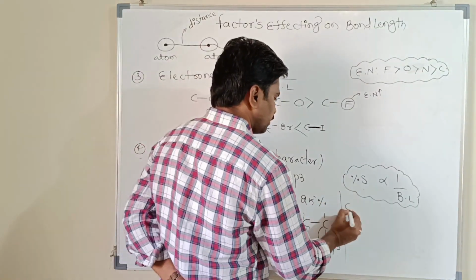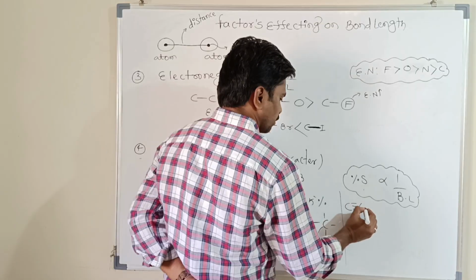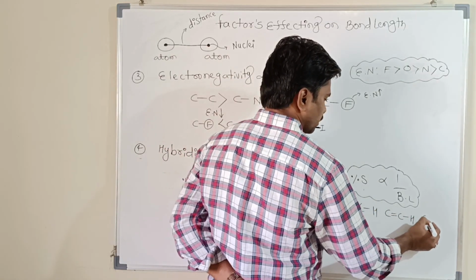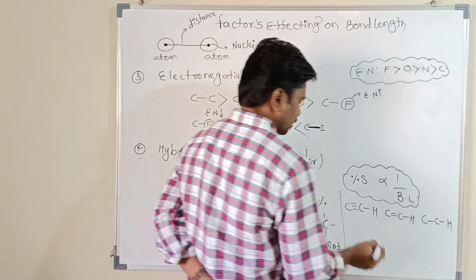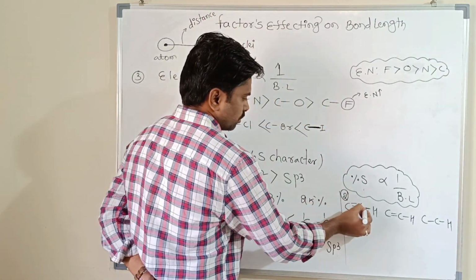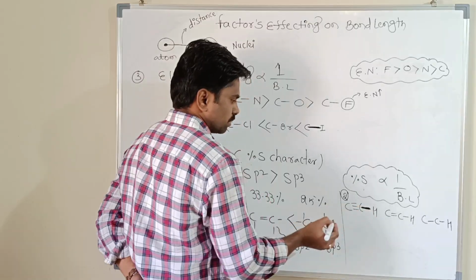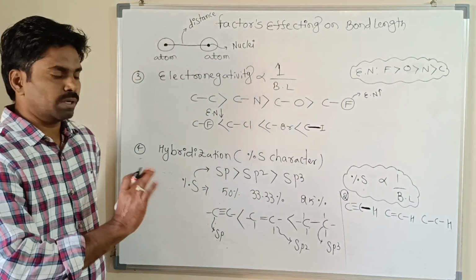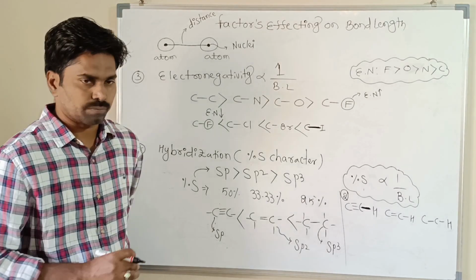Now here: carbon triple bond carbon-hydrogen, carbon double bond carbon-hydrogen, carbon single bond carbon-hydrogen. This is question number 2. Give the order of bond length between the carbon and hydrogen, which is in excess.